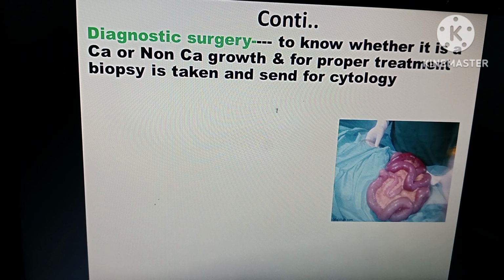The doctor will operate and remove a biopsy from that growth. What is a biopsy? A small piece of tissue, which is sent to the histopathology or cytology department for assessment of every single cell, to know the anatomical as well as the physiological changes.